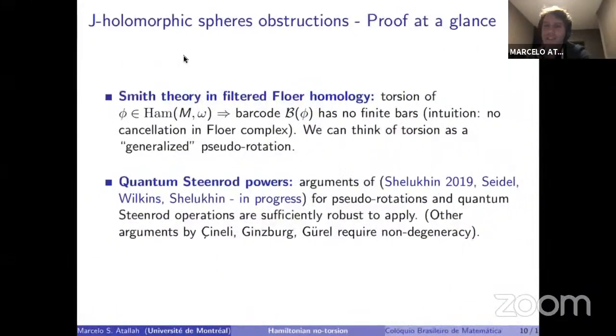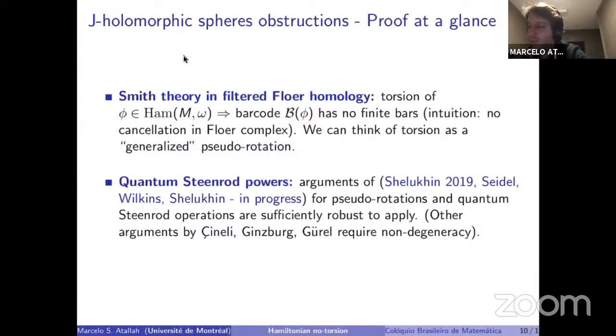And well, in this case, the proof is a little bit more involved, so I'll just say some brief words to try to indicate what's used in the proof. Basically, the first step relies on showing that for a Hamiltonian diffeomorphism of finite order, the barcode associated to it has no finite bars.